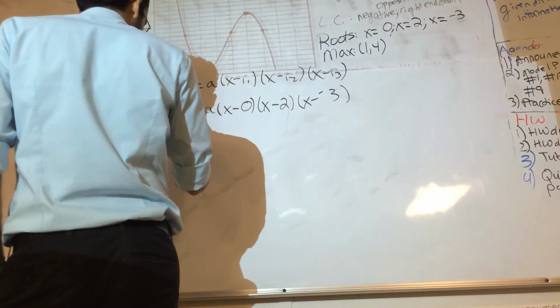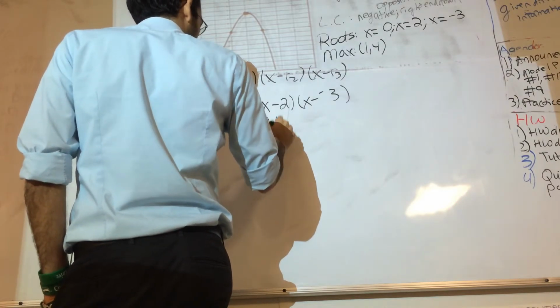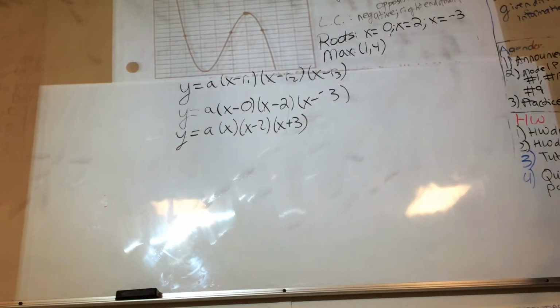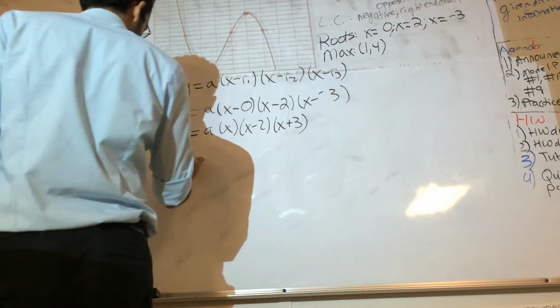Going to do a little simplification now. So here's what we got going on so far. And now I'm just going to find my A value just like I did last time. Some people are already good. Keep going. Questions? Stop me as I go through this process.